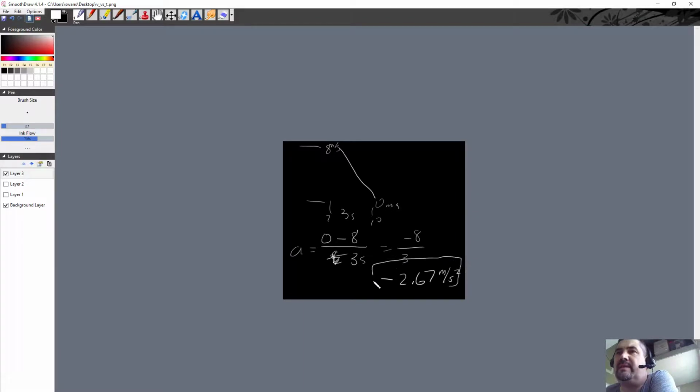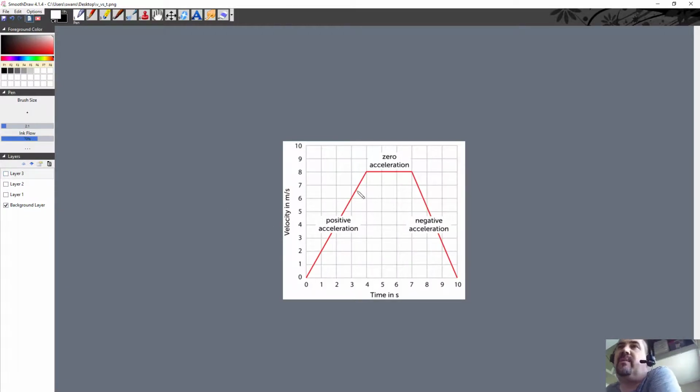So it has a higher acceleration rate. So that's another question someone can ask. I mean, there's all kinds of questions you can ask on this thing. You could ask, which has the greater acceleration, this one or this one? And the answer is this one. This one is more dramatic. It's 2.67, and this one is 2.